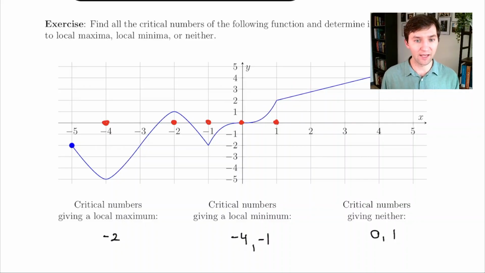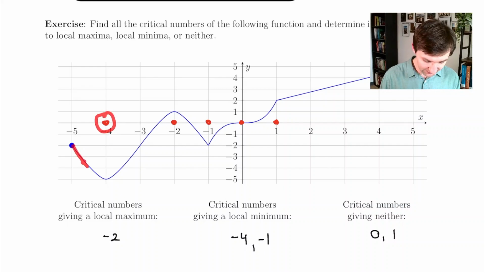How can we easily identify if a critical number gives us a local maximum, local minimum, or neither? One way to do it is to think about what happens to the derivative before the critical number and after the critical number. For example, right before -4, the function is decreasing here.